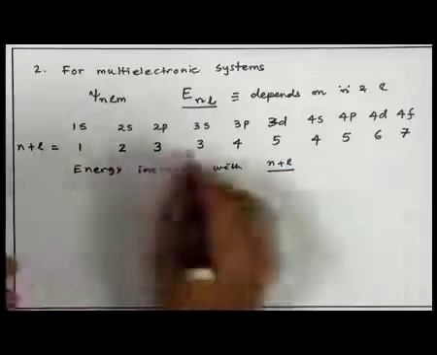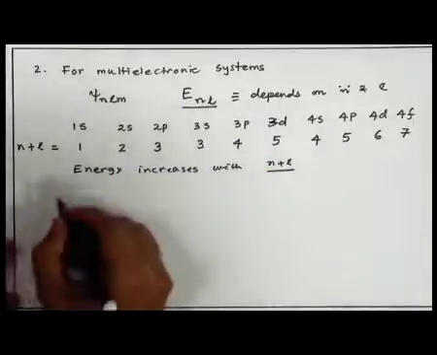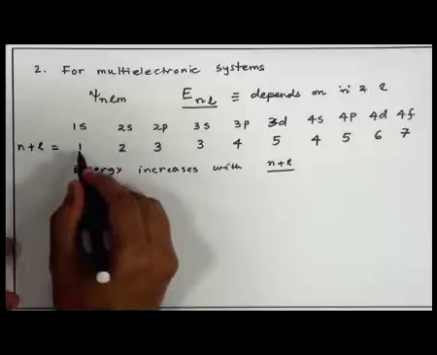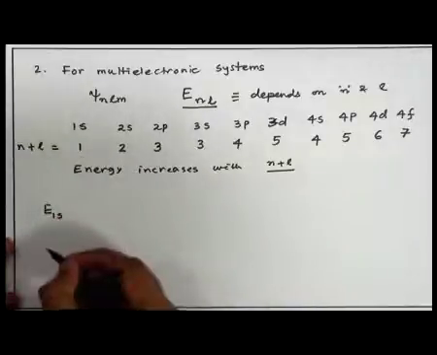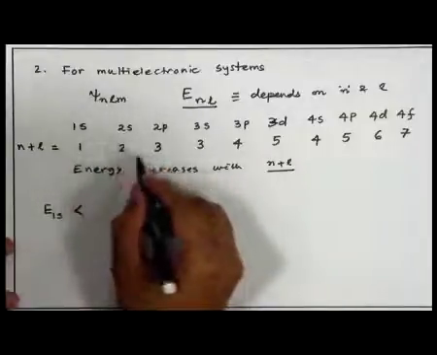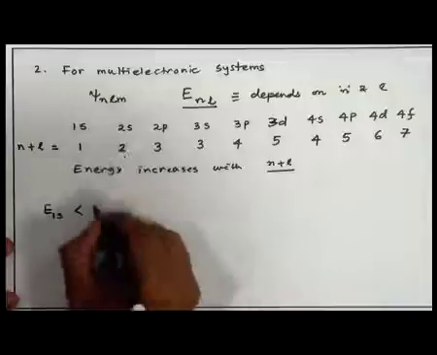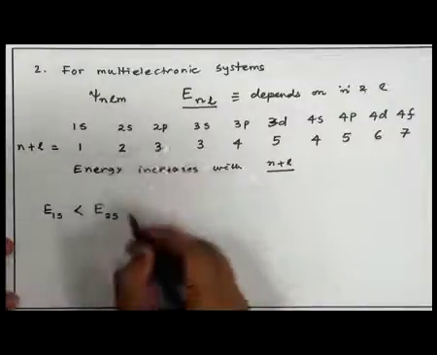Now, if we want to write down the energy levels in increasing order, this is how it will be. The lowest value of n plus l is for 1s, so this is the lowest energy, E1s. Its energy is less than E2s, since the next value of n plus l is 2. What is the next one?